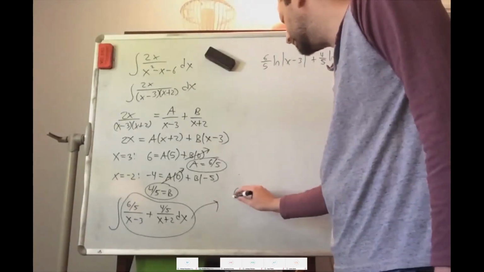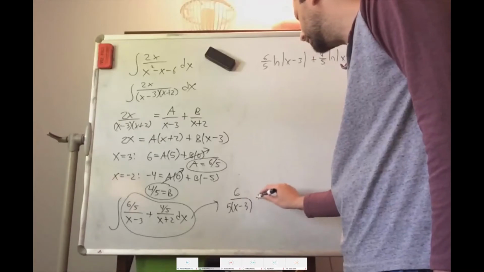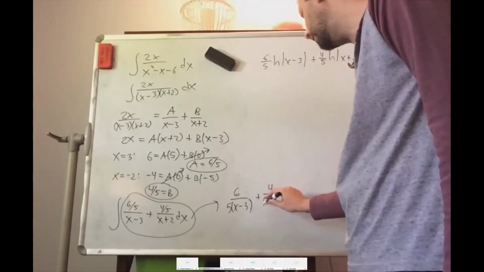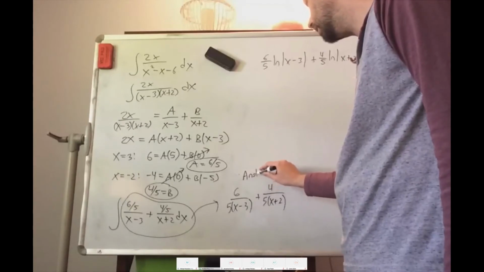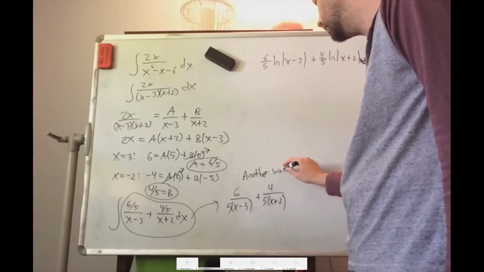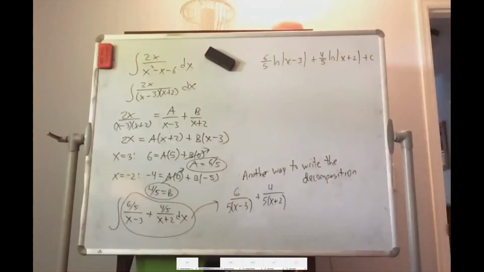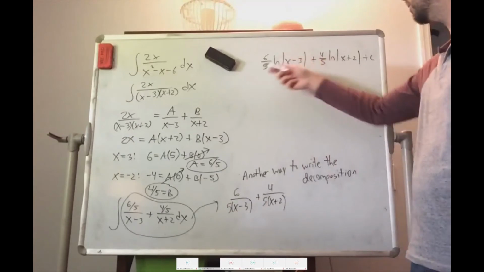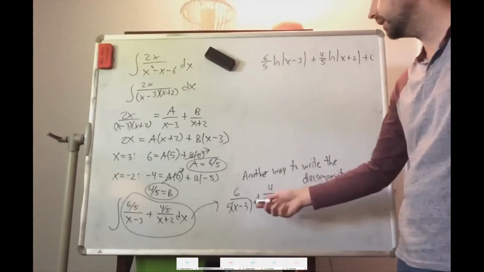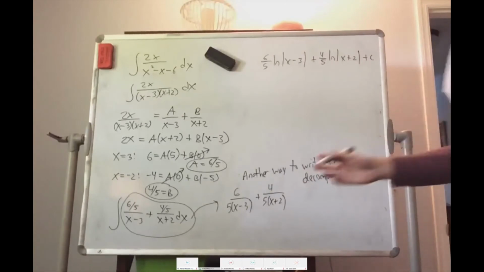So I could have said this is 6 over 5 times x minus 3 plus 4 over 5 times x plus 2. I'm just going to note this is another way to write the decomposition, and it's a cleaner way. It doesn't really matter if you're going to do the whole problem and just get the integral, but if you are going to put it in that form, then it's probably better to write it like that.